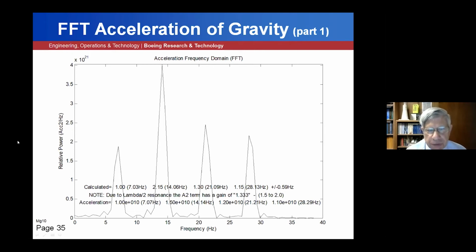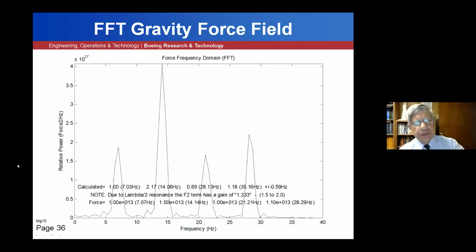And then the relative amplitudes, you got 1 for the fundamental, 1.5 for the second harmonic, 1.2 for the third, and 1.1 for the fourth. And this is the acceleration from part 1. Now, this chart looks almost identical, which is the relative power from the force field that we generated with the E cross B. It looks almost identical.